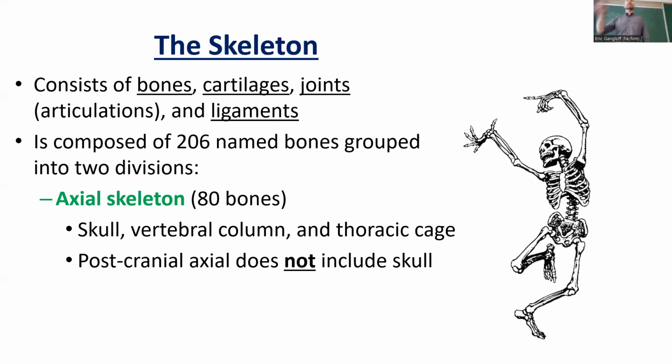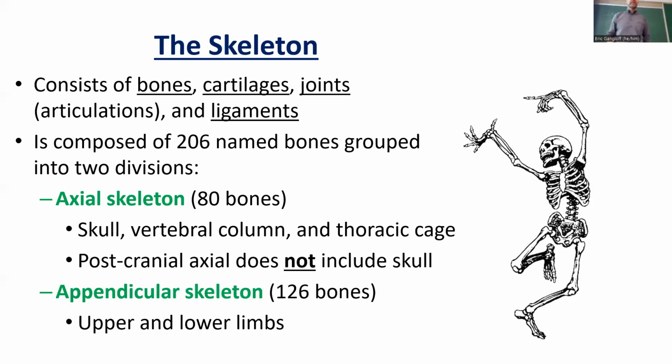The reason is we're going to go back and do a whole unit on the skull in a lot more detail. So I'm going to start basically talking about the skeleton from the neck down here. And we'll talk first about the vertebral column and the thoracic cage, which compose this postcranial axial skeleton. And then we'll talk about the appendicular skeleton. This is all of the other bones that form your limbs, your arms and your legs.